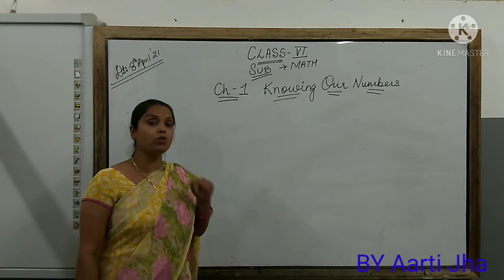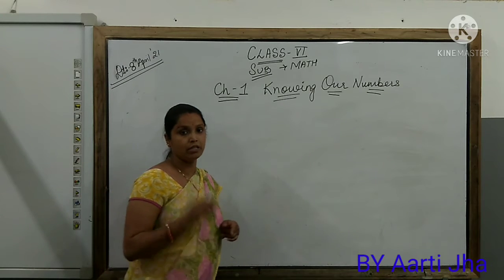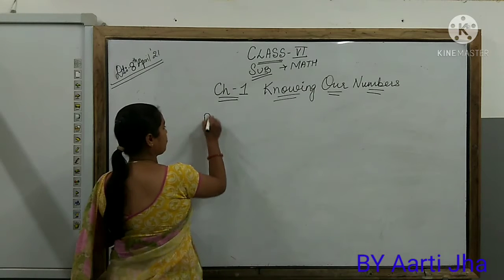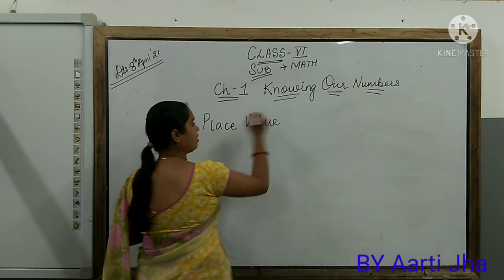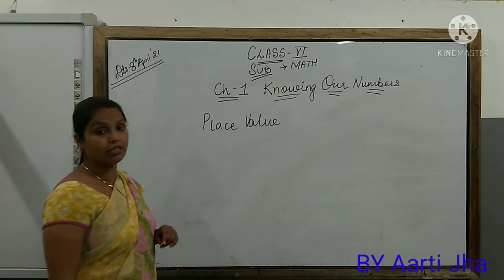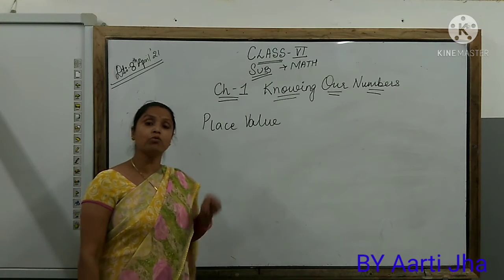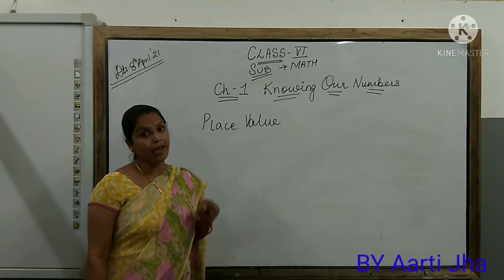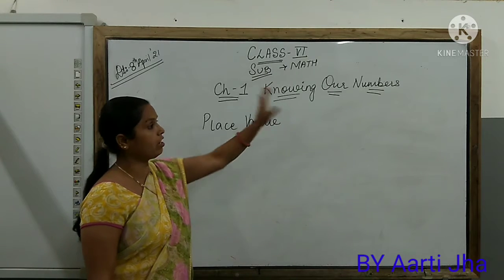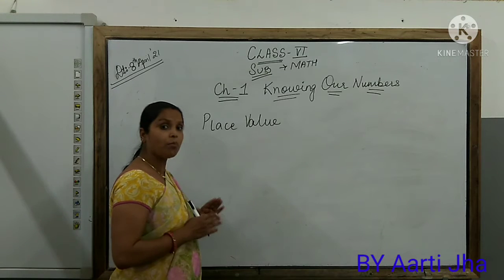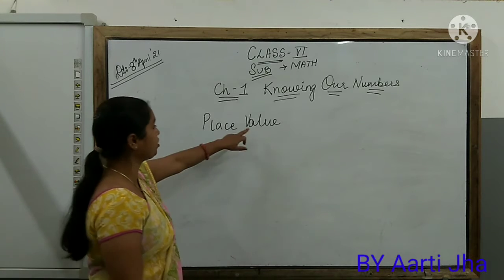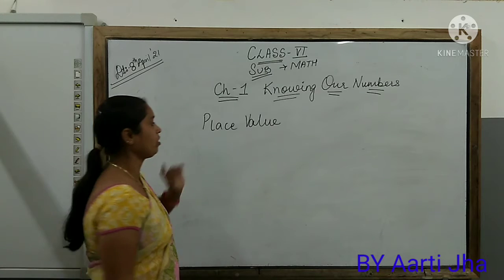The position where we place them gives us the place value. How do we get the place value, children? Place value is the value of the position where the digit is placed in the number. And when we are placing the digits to form a number, we place them according to their values.